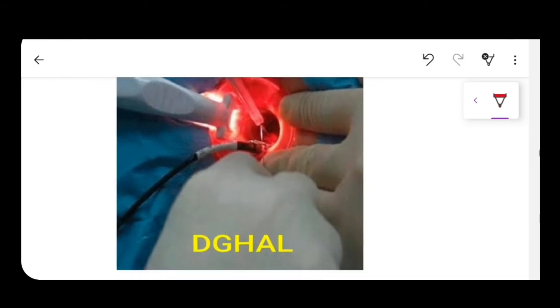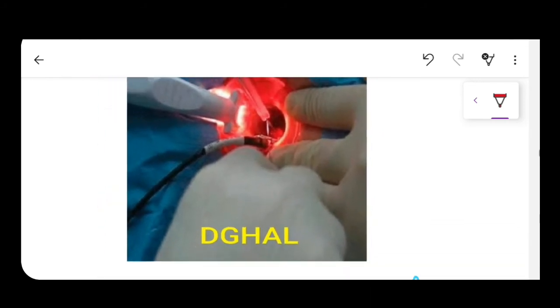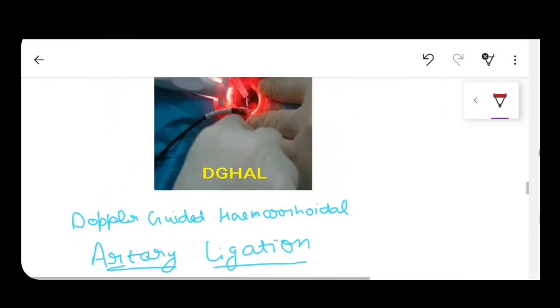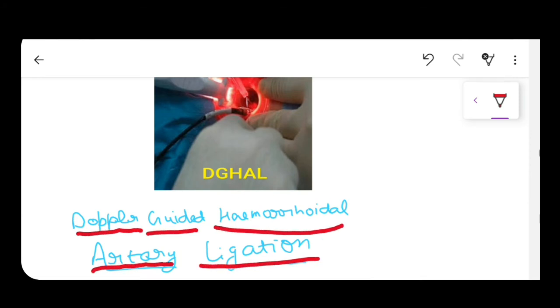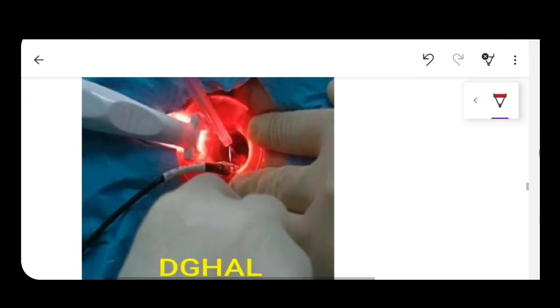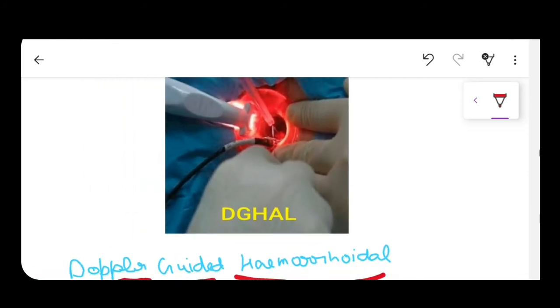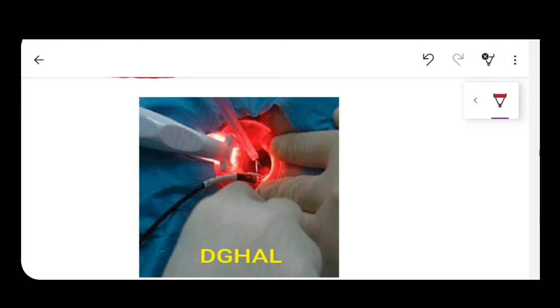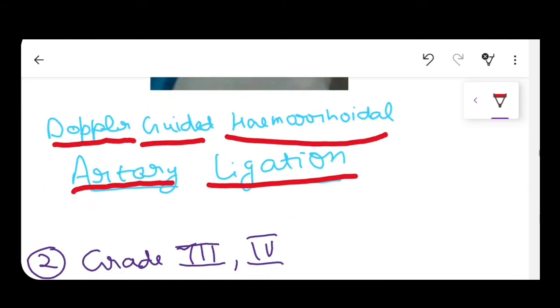What is DGHAL? So guys, this is a procedure. This is the Doppler guided hemorrhoidal artery ligation. This is the full form of DGHAL, and this is the image. In this procedure we ligate the hemorrhoidal artery.